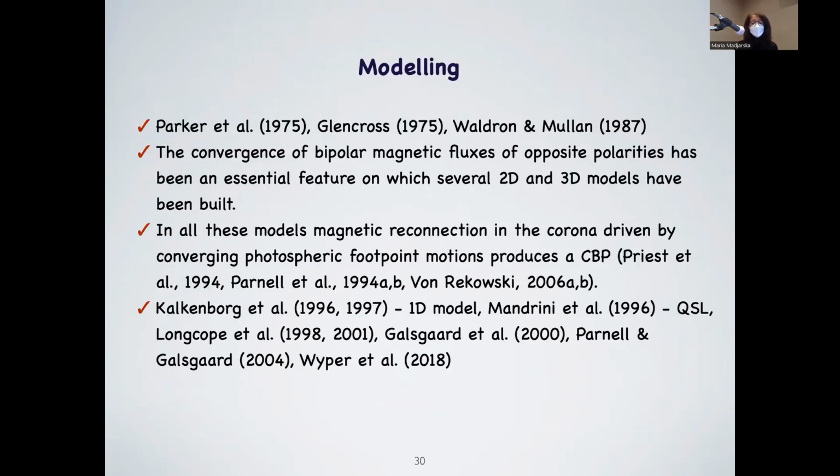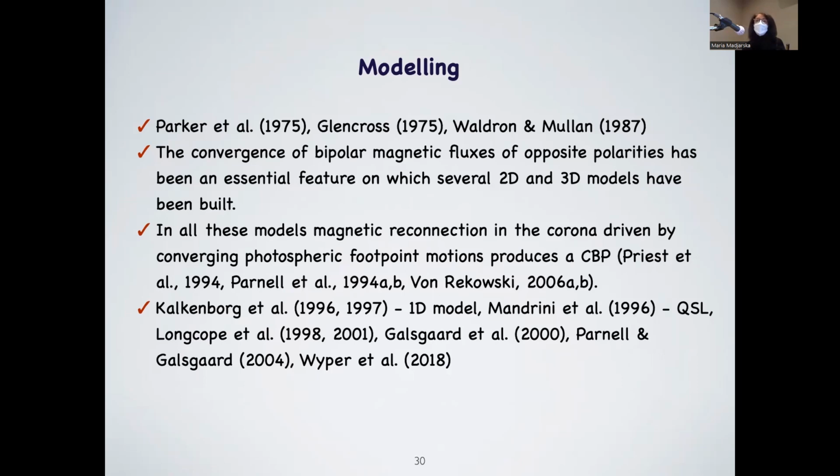So modeling, as the new solar missions and new ground-based telescopes were evolving, so was evolving the modeling of these loops. And probably the solar people here will not be surprised to hear that the first person, immediately after the first observations of these bright points were available, to provide a model was Eugene Parker.